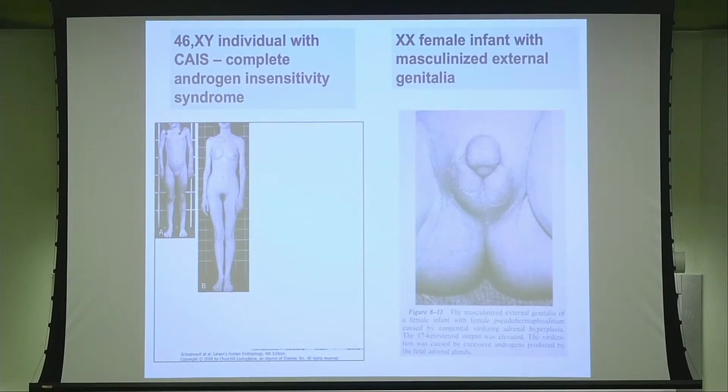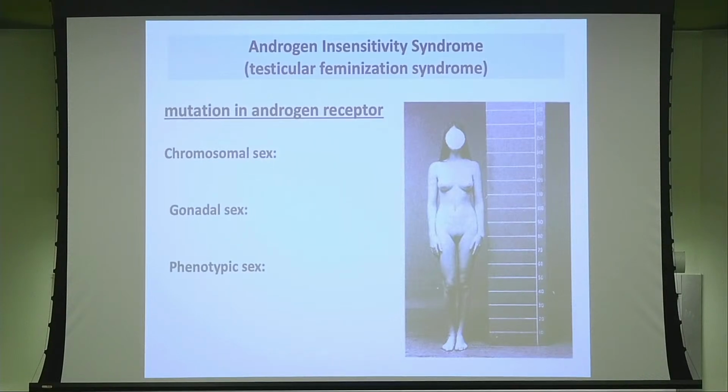XY. If you would have seen this individual, would you have guessed this would be an XY? No. So clearly you figured this is probably not an XX. I'm just showing a picture of a naked woman in class. I may get in trouble for that.